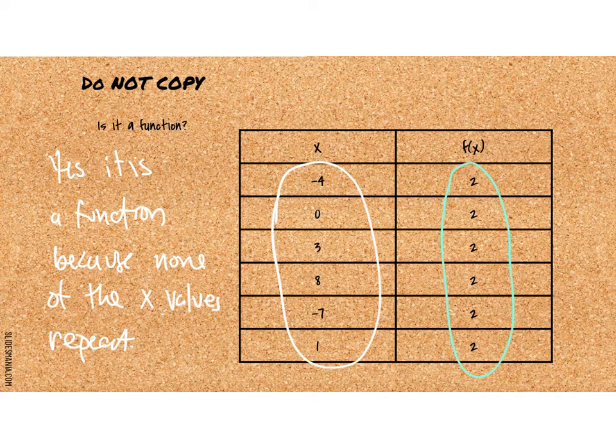Now, let's just say that I actually decided to change that number, and I told you we have negative 7 and 3. Since we have negative 7 with 2 and negative 7 with 3, it's not the same output, right? That 2 and 3 are not the same. This would be not a function, okay? So keep that in mind.